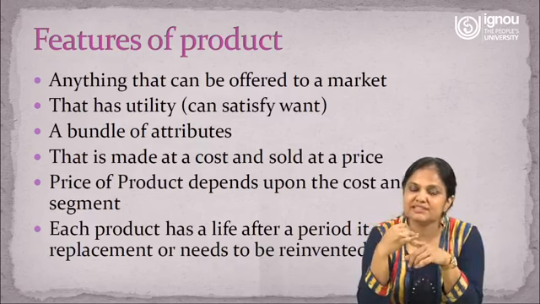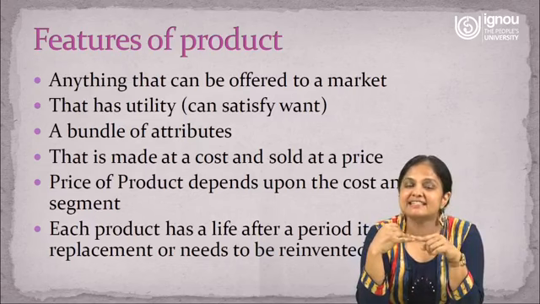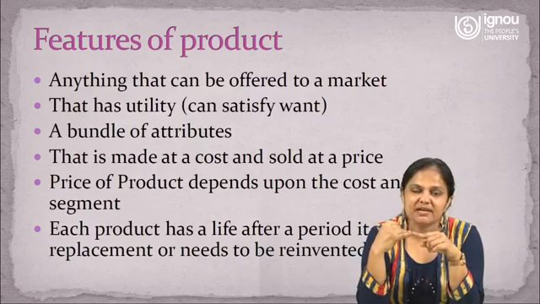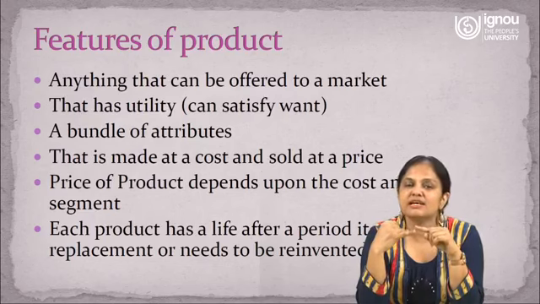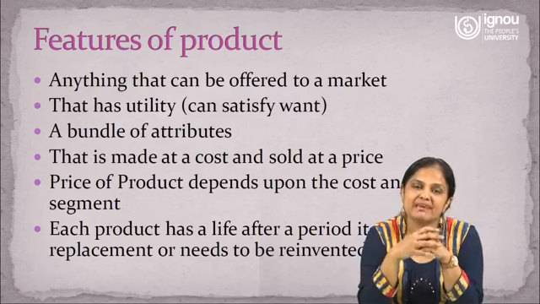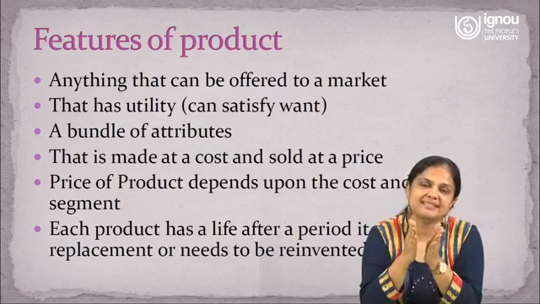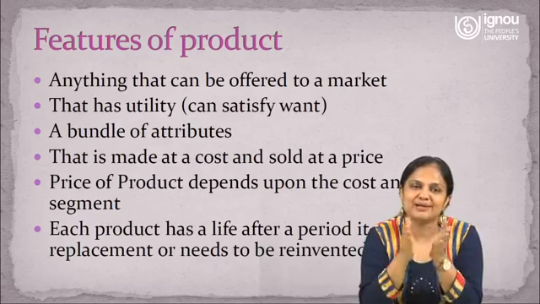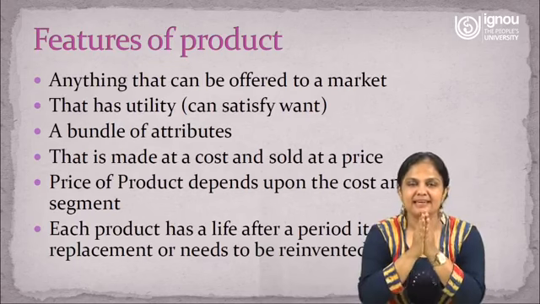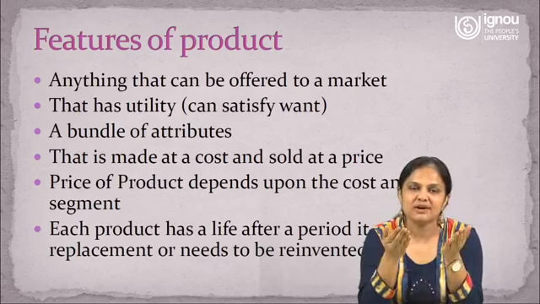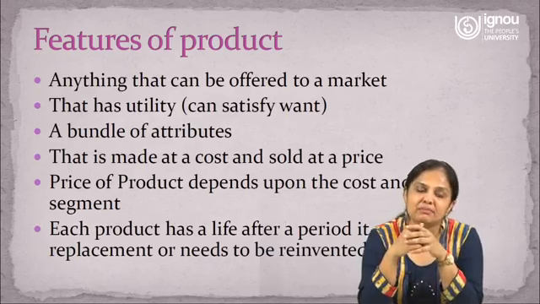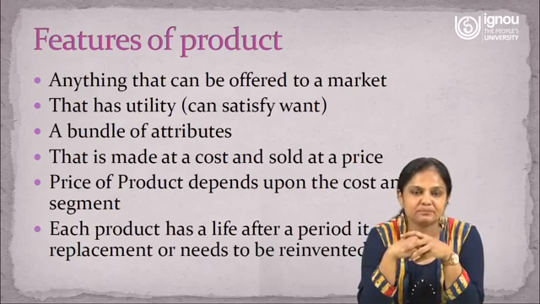We have discussed in previous sessions that when an intense desire for a need is backed by ability to pay and willingness to pay, it becomes want. And when want is backed by price and time, it becomes demand. So anything which has a want or is demanded in the market can be termed as product.